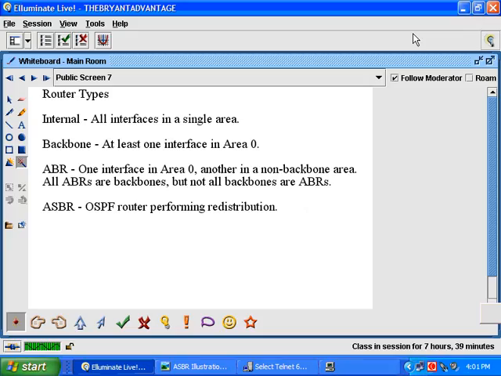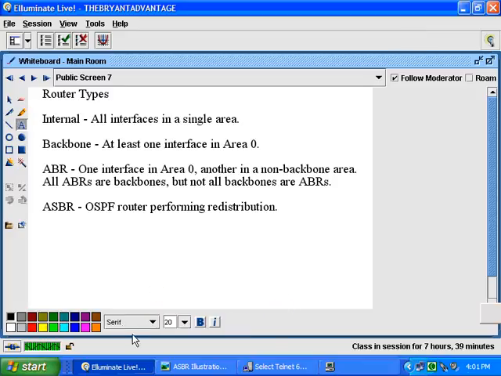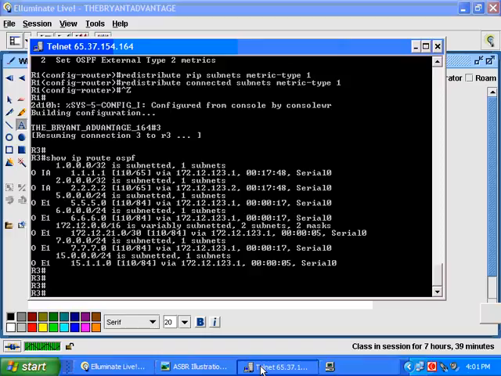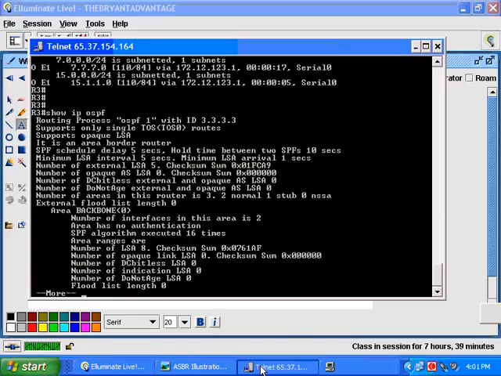Finally, the one that I know you're very familiar with by this point is the ASBR, and that is the router performing route redistribution, and that is router 1 in our current network. So again, nothing earth-shattering here. You had this in the CCNA. You should be prepared to see a little of it in the BSCI. But you can also remember what command shows you what the roles are, and it's show ip ospf.